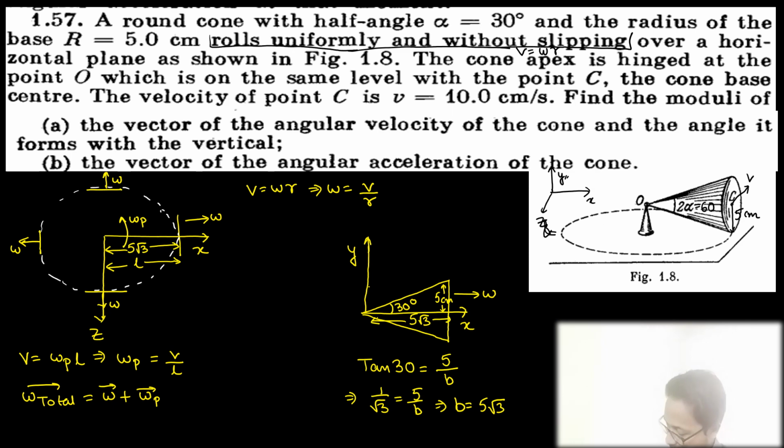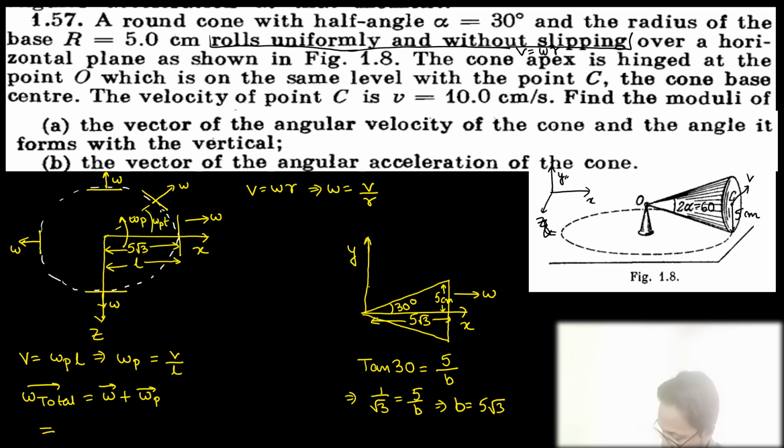How is angular velocity of the wheel written in terms of time? If it is rotating with angular velocity omega p, after certain time it will reach here. This angle is given by omega p t.